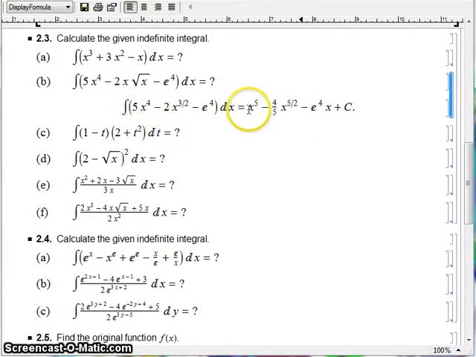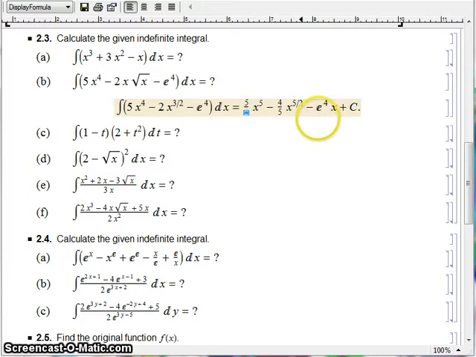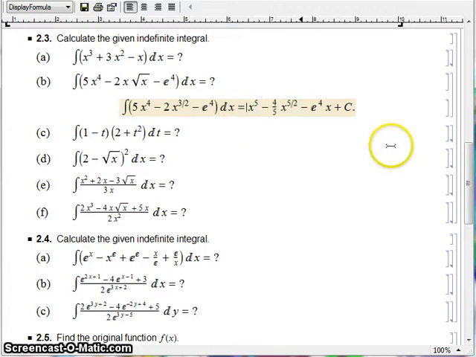Let's see, increase the power by 1, 5 was there before, and then divide by 5, and we end up with 5 over 5, so we have x to the 5th power. How about the next one?